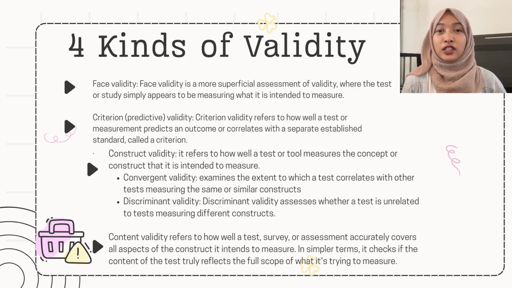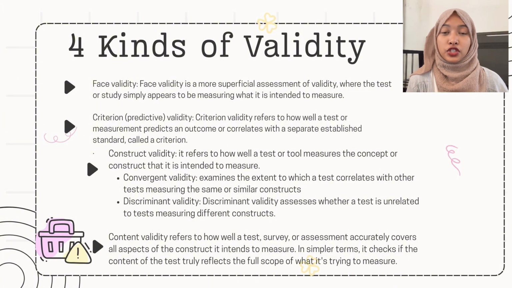So the third is construct validity. It refers to how well a task or tool measures the concept or construct that it is intended to measure. For example, when measuring intelligence, researchers should develop a new intelligence test.